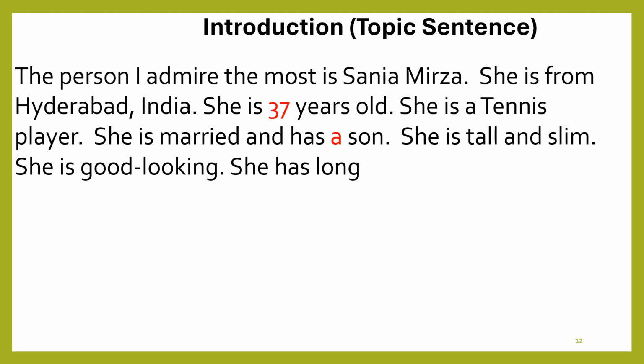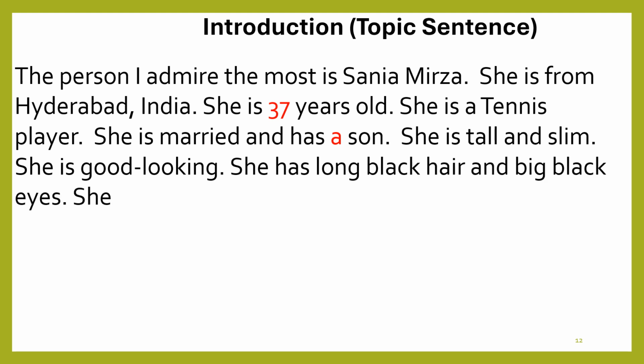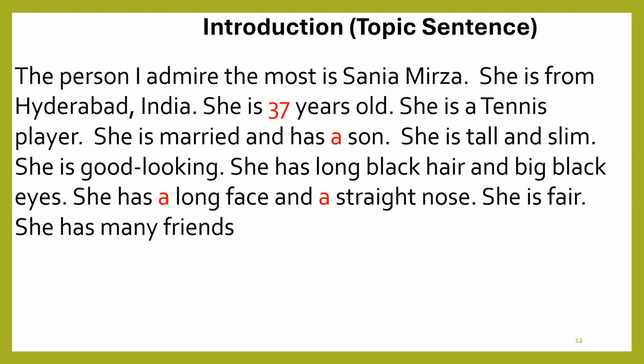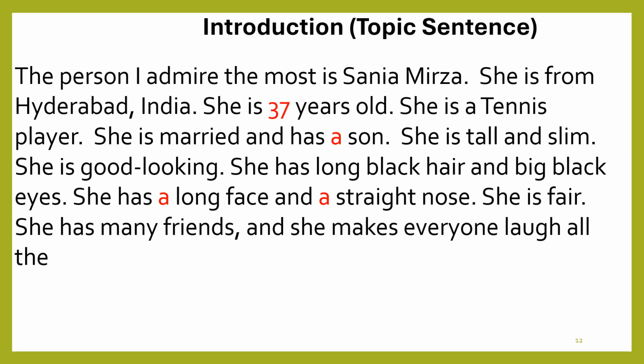She is good looking. Then hair, she has long black hair and big black eyes. Then she has a long face and a straight nose. She is fair. She has many friends and she makes everyone laugh all the time. So this is about the general information, the physical appearance and the personality trait.